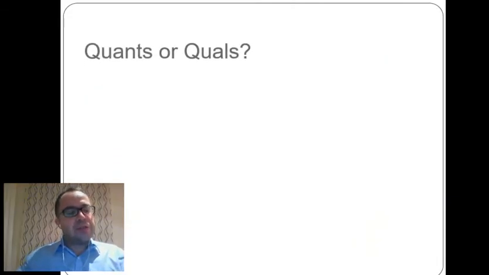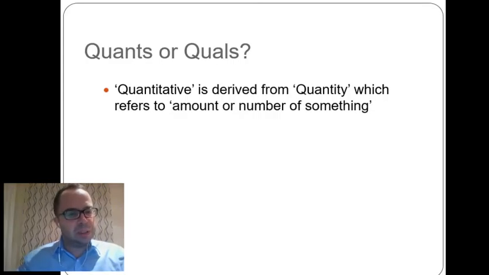I mentioned that your primary research can take the form of either qualitative or quantitative. Let's have a look at quantitative research first, particularly if you really like numbers. Something which you could quantify in terms of the amount or number of something.